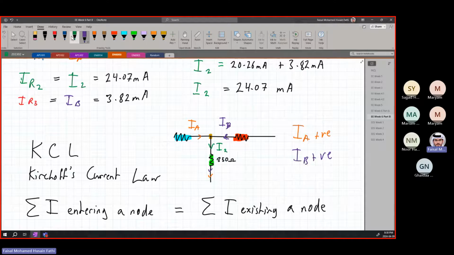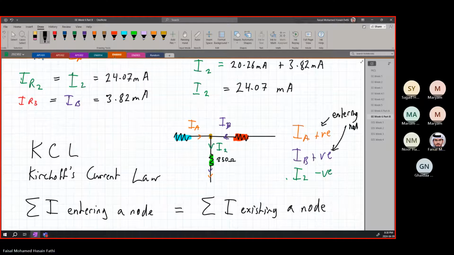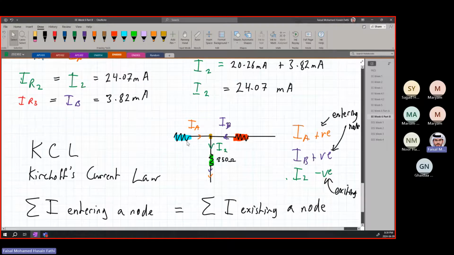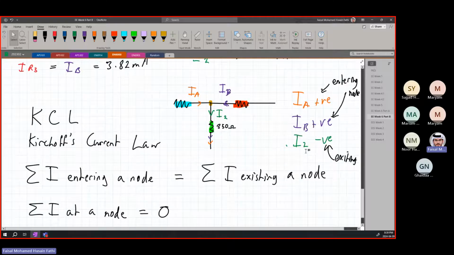And IC or I2 is negative. Why? Because this is entering the node. This is also entering the node. And this is exiting the node. This is one way of looking at it. So anything that is entering plus anything that is exiting is going to be equal to 0. This is if we are considering their signs.